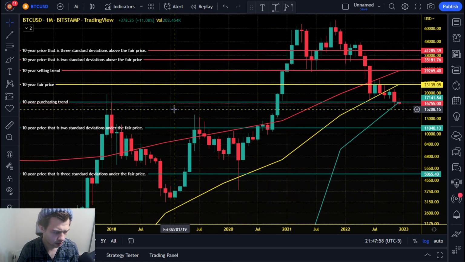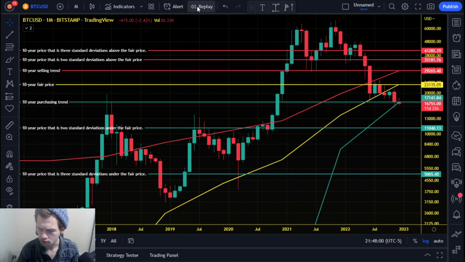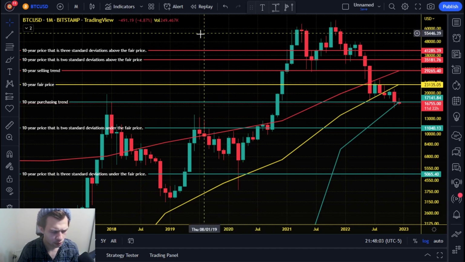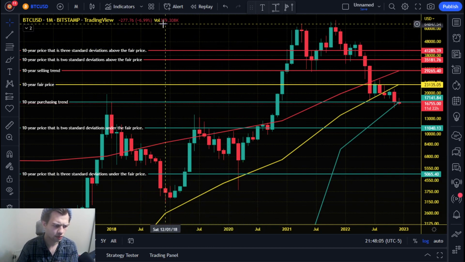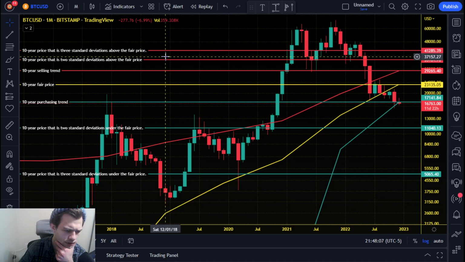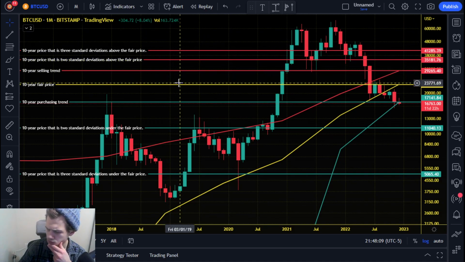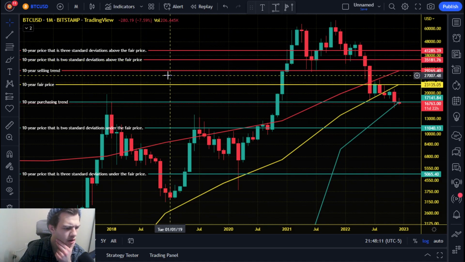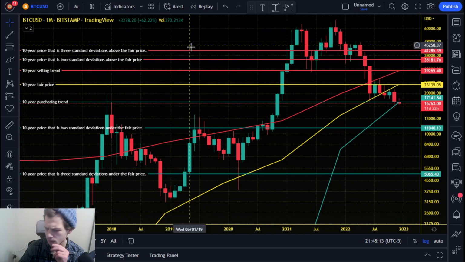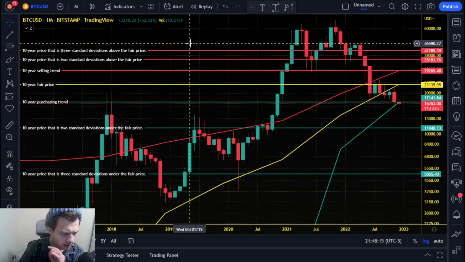Let's go over these. The price of 41.2k would be 3 standard deviations away from mean. 35k is 2. 29.2k is 1 standard deviation.